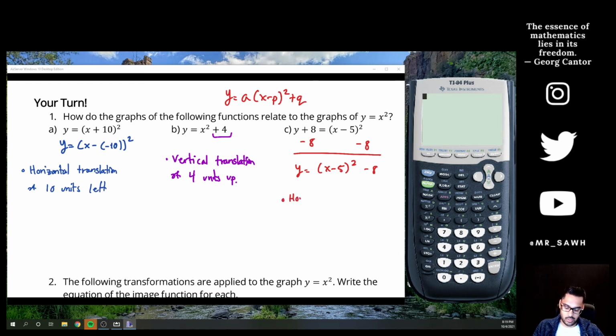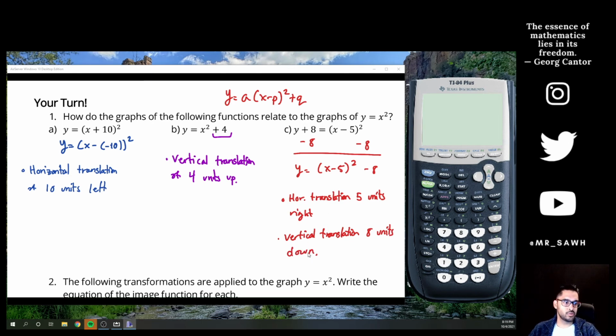I've got a horizontal translation, 5 units to the right, and a vertical translation, 8 units downwards. So I do have two translations that happened.